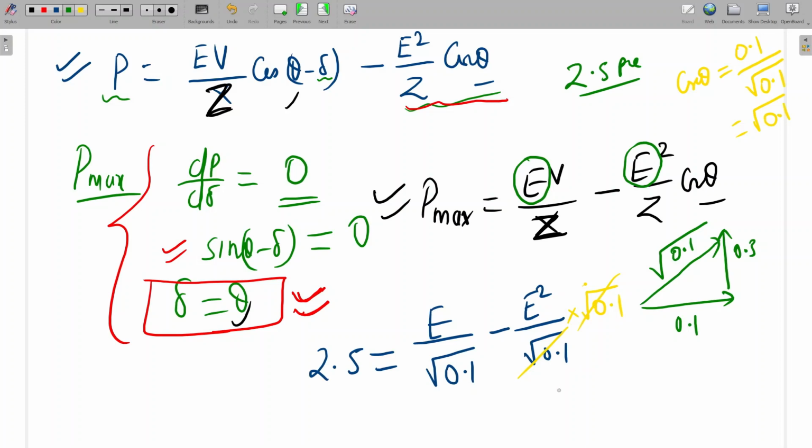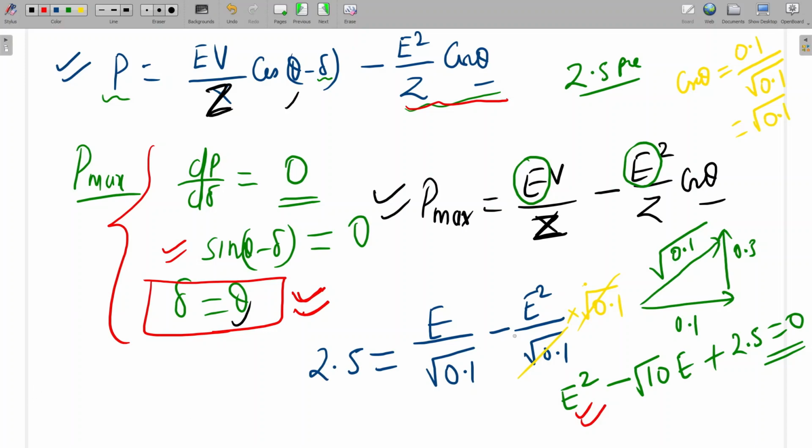The final equation we can write as E square, which I am taking to the LHS. So 1 by under root 0.1 will be under root 10. So it will be E square minus root 10 E plus 2.5 is equal to 0. By solving this quadratic equation, we can calculate the value of this EMF.